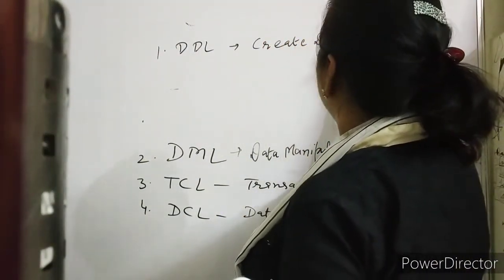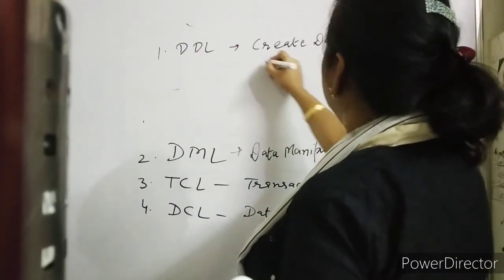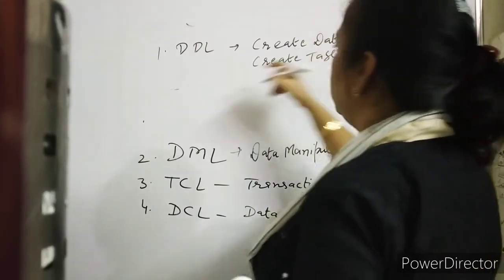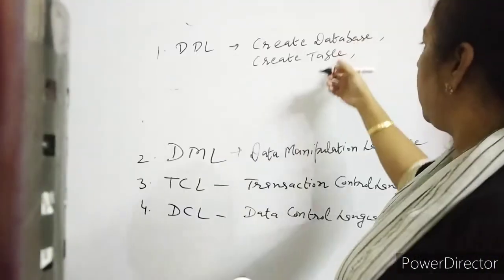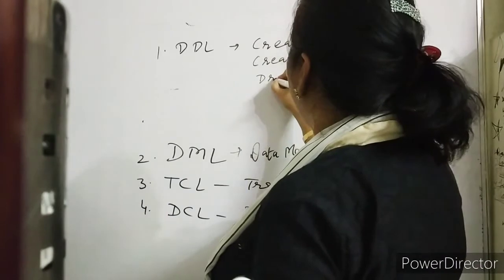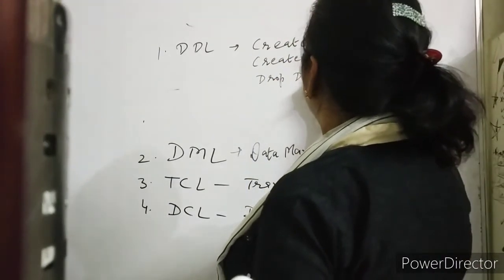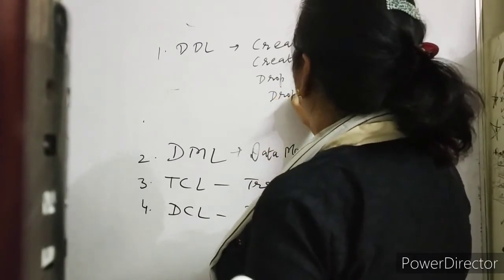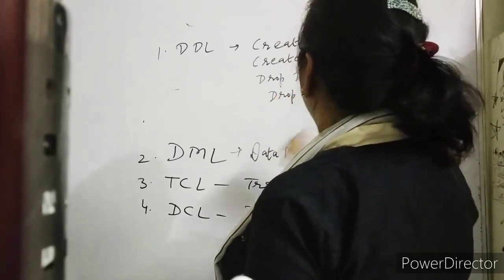The commands which work on the table or database are called the DDL commands. Create database, create table, drop database, drop table. Clear?